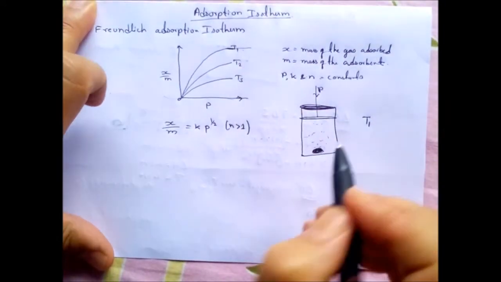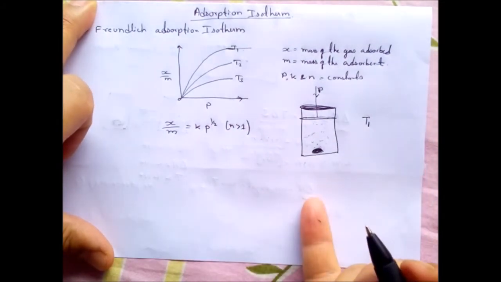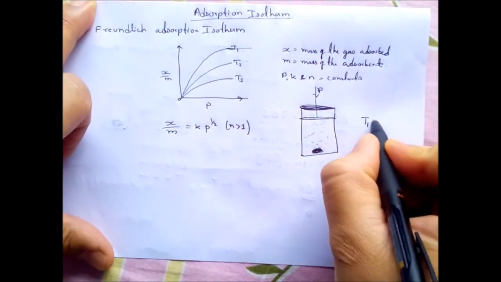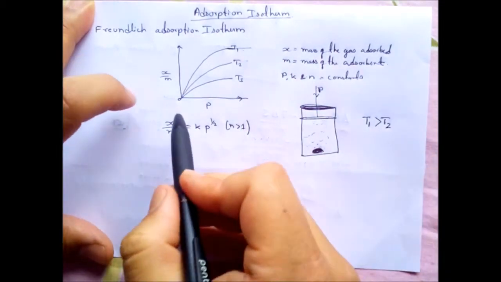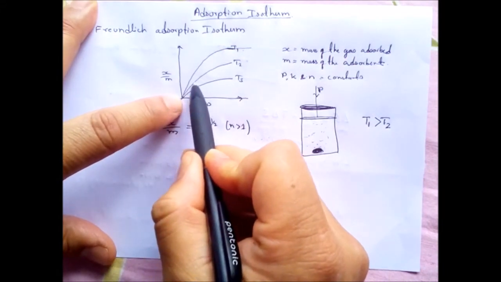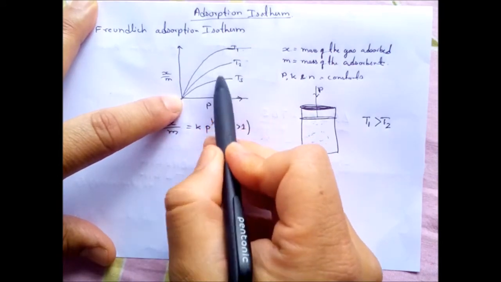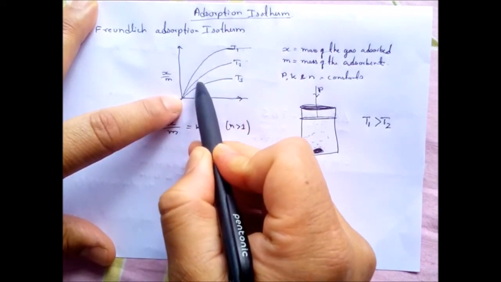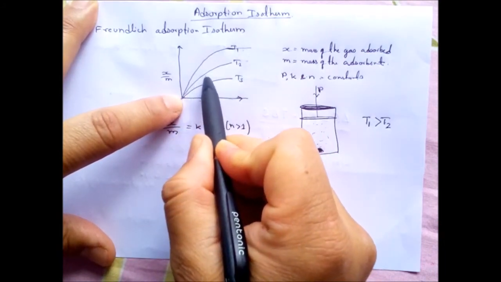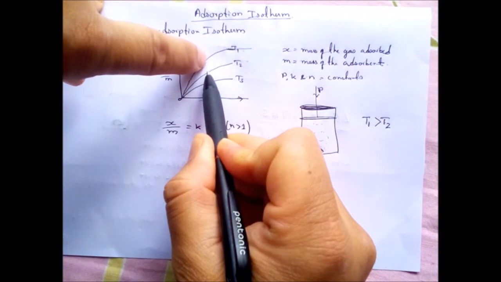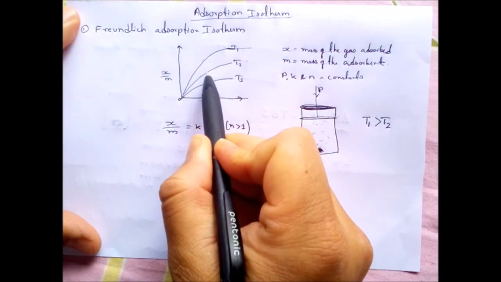Now for this T1, if we increase the temperature, suppose T2, what will happen? See this curve. The rate of adsorption decreases, right? So the graph is a little lower. With the increase in pressure, the rate of adsorption increases, but not as much as the earlier one, because we have raised the temperature to T2.